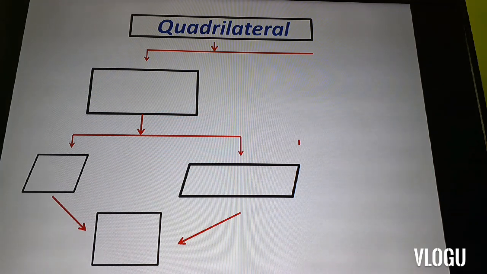Let us talk about the rectangle. Ang rectangle po ay meron pong tinatawag na two parallel lines. And those lines ay ito po yun.